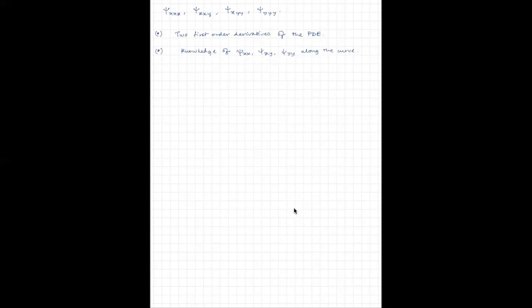So let's now first think about what we can do with the PDE. Let's differentiate it with respect to say x, and in that case, the equation that you're going to find is a psi xxx plus twice b psi xxy plus c psi xyy.